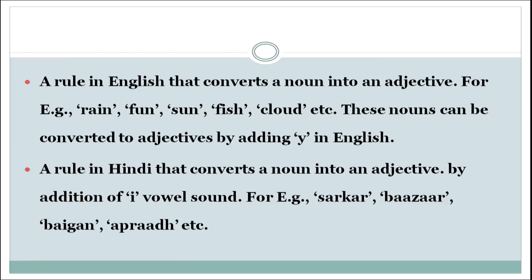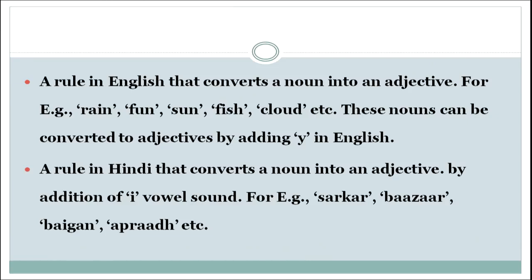When we talk about rain, fun, sun, fish and cloud, if we add y to it, it becomes an adjective. It becomes rainy, funny, sunny, fishy, cloudy, etc. So this is a rule of converting a noun into an adjective.